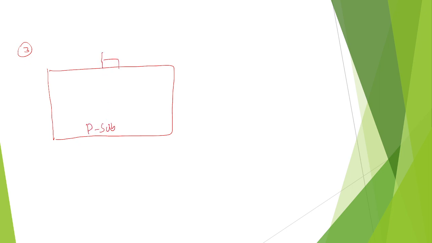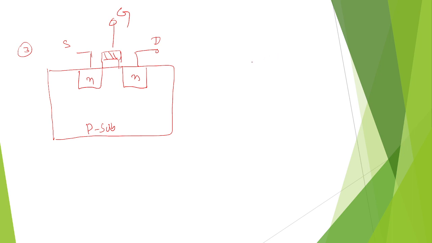Coming to the third case, it's the same thing. I am taking one P substrate. To design the gate terminal, deposit the polysilicon material at the middle of the substrate, named as gate. To design the source terminal, diffuse the electrons, named as source. To design the drain terminal, diffuse the electrons here, named as drain.